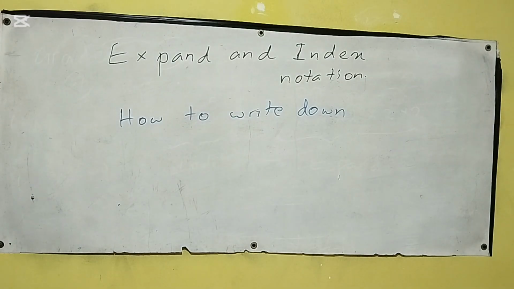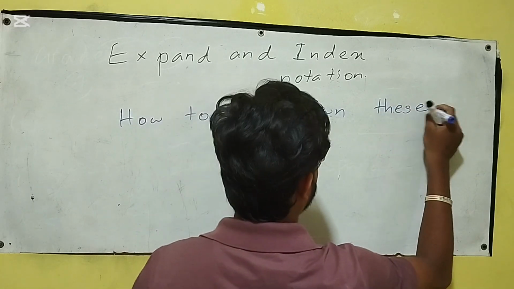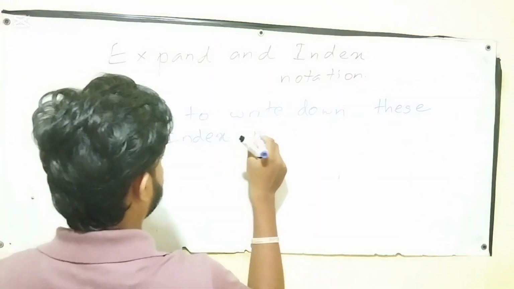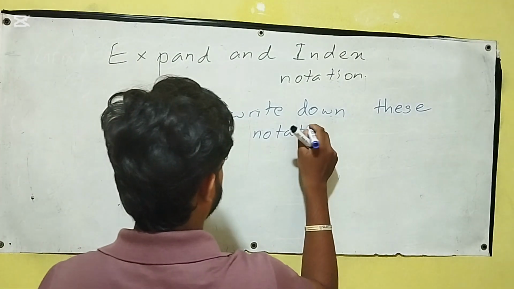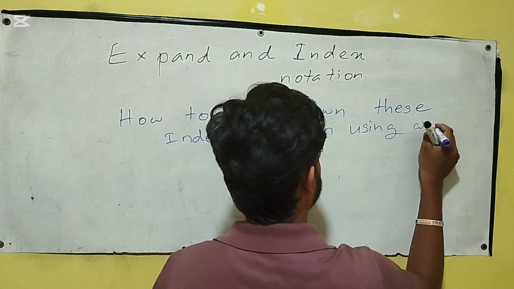How to write down index notation using words?